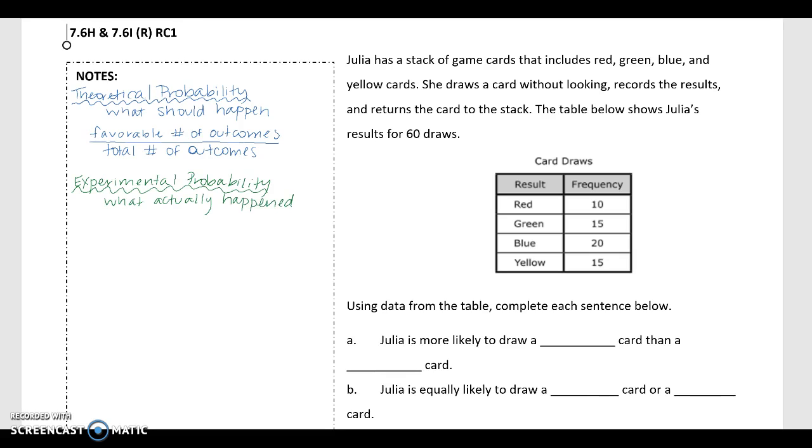So on top, you're going to put the number of times the event occurred over the total number of outcomes.